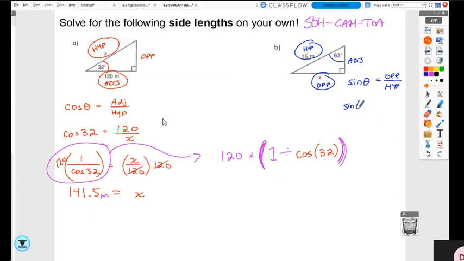Sine of 63 equals x over 15. And we love this one. Multiply each side by 15. The 15s cancel, and we get 15 times sine of 63, which is 13.4.